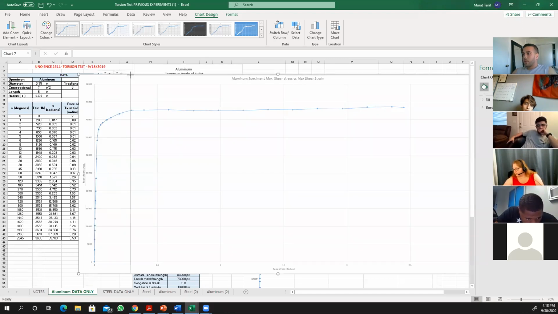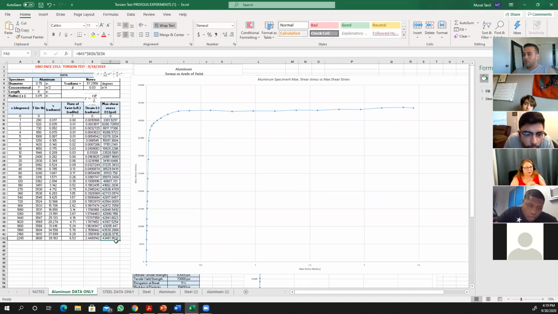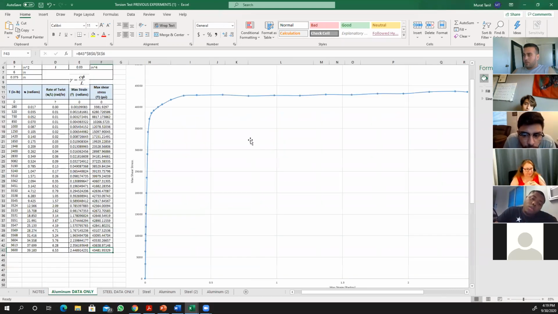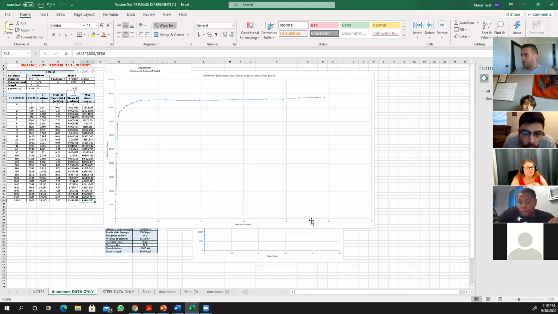Okay. Now I included all the data points, starting from 0 to close to 4,400 psi, right here. What else is missing? I believe we have everything for this graph.